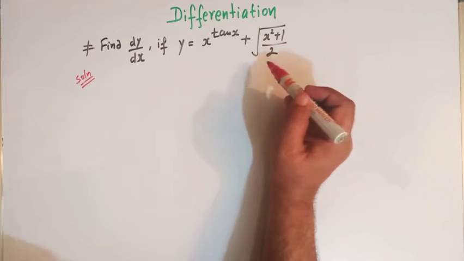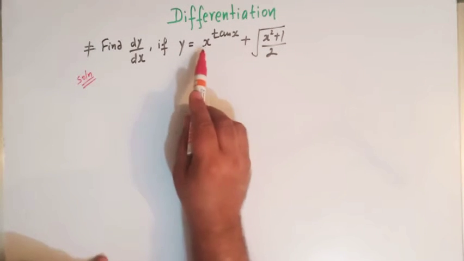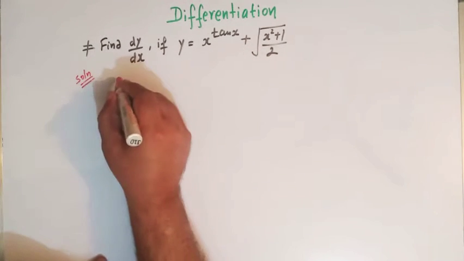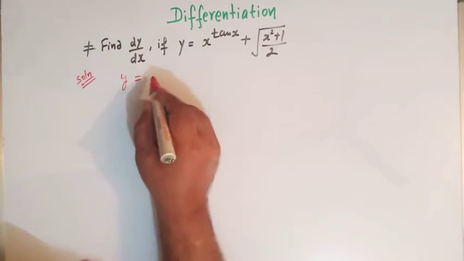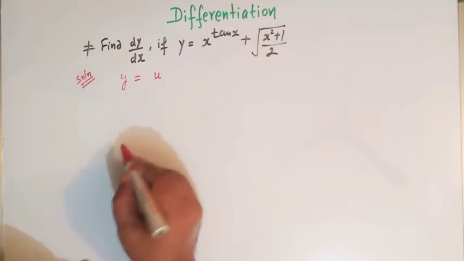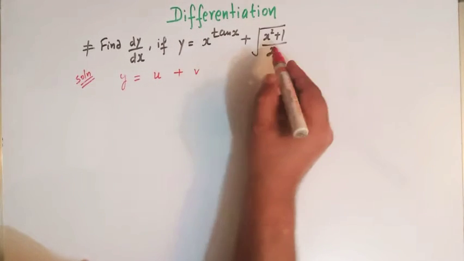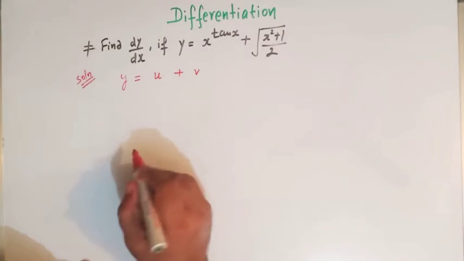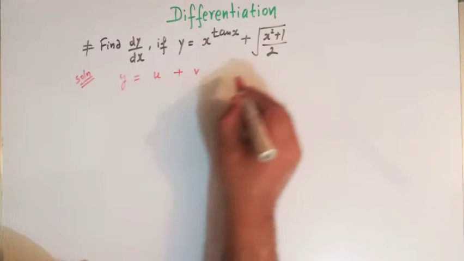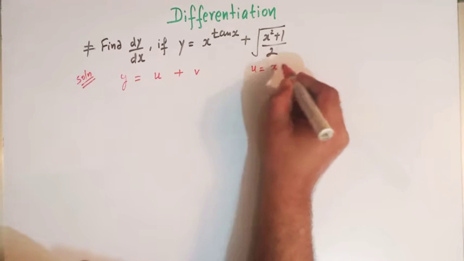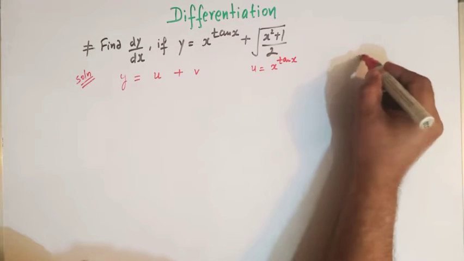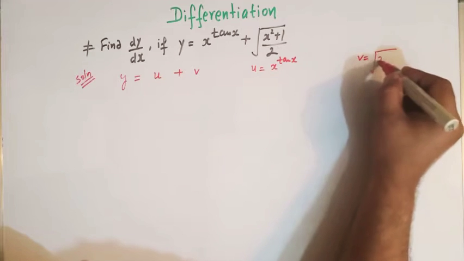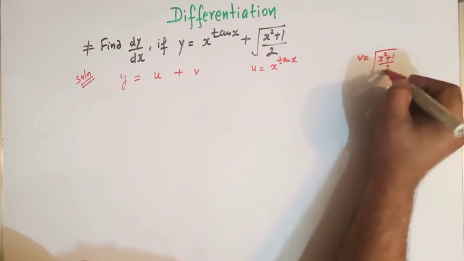Now viewers, here we have the sum of two functions. So y is given as x raised to 10x, and we can take it as u, and this function can be taken as v. So u is x raised to 10x, and v is square root of (x square plus 1) by 2.